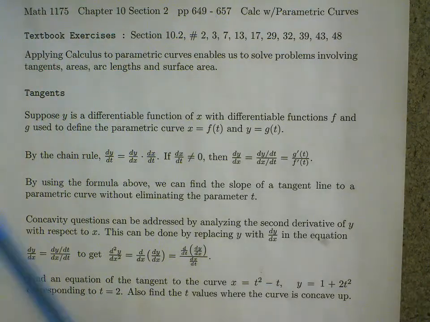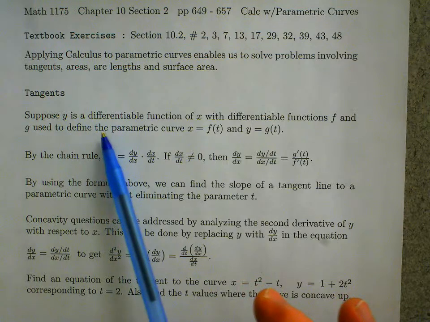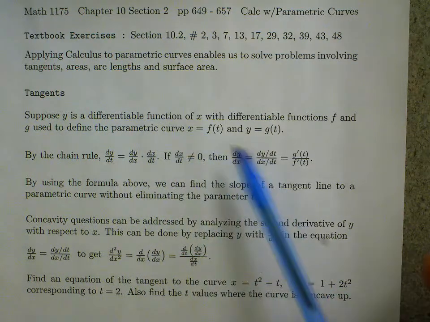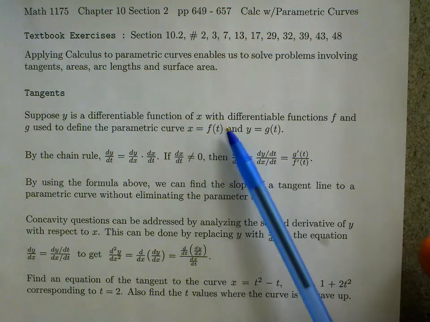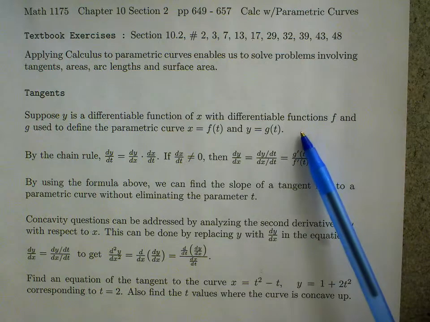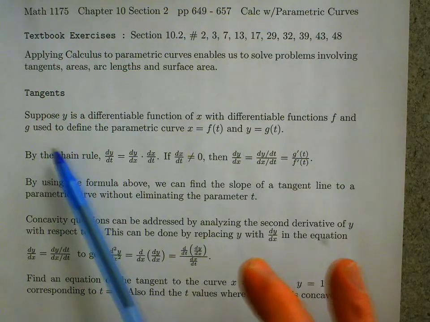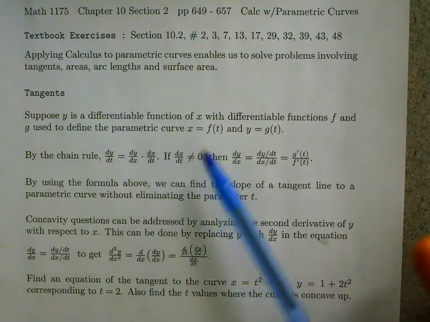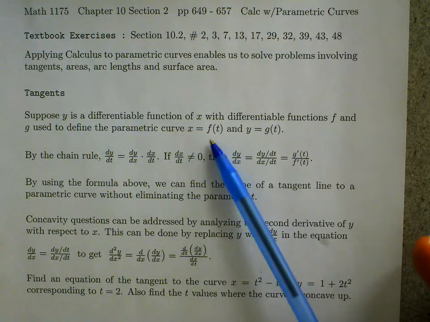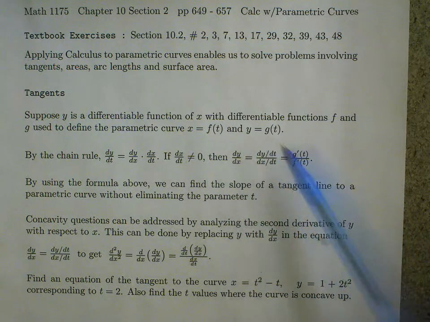So we're going to suppose y is a differentiable function of x with differentiable functions f and g used to define the parametric curve x equals f of t and y equals g of t.